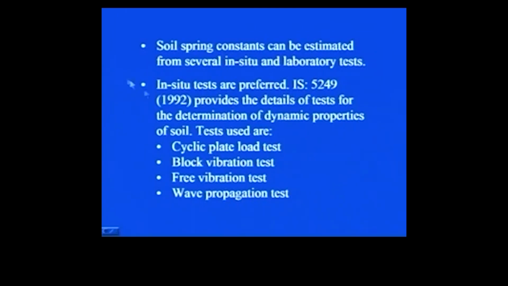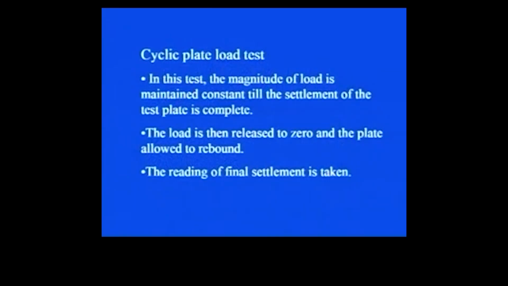Let us see what exactly these tests are, how they are conducted, what guidelines are given in IS code, and how you can analyze the test data to estimate these equivalent soil spring constants. First, we discuss the cyclic plate load test.